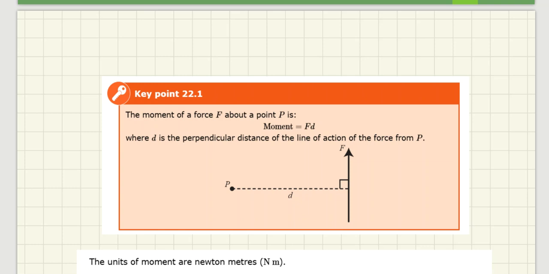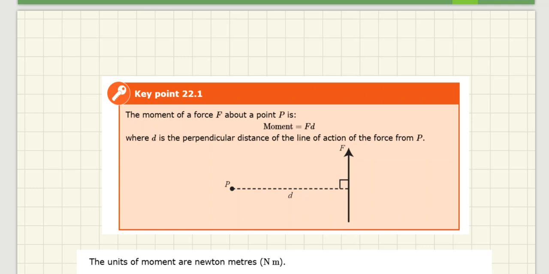So your moment about a point is the force that's being applied times the distance away from the point at which you're applying it. Okay? So obviously if I try and turn this ruler like here, I'm having to push quite a lot because the distance is smaller, so I have to apply more force to lift this ruler.